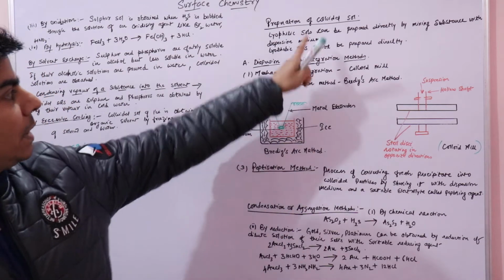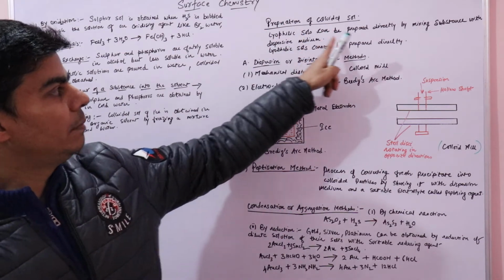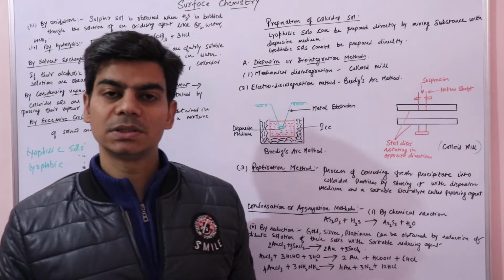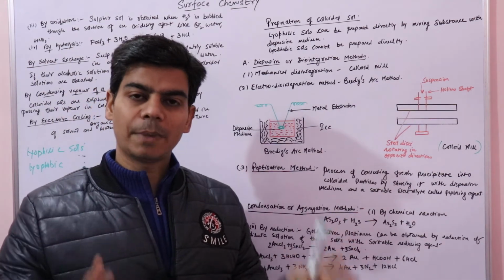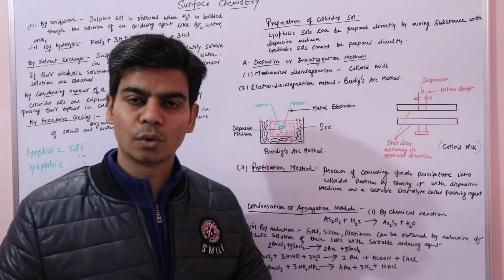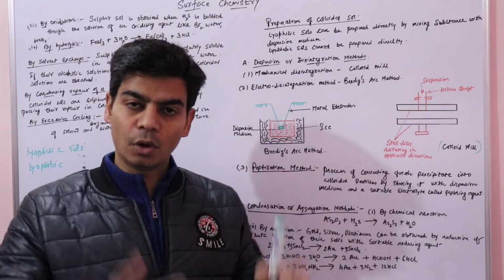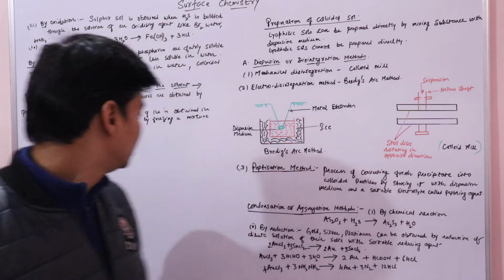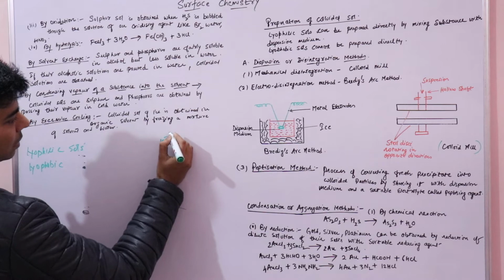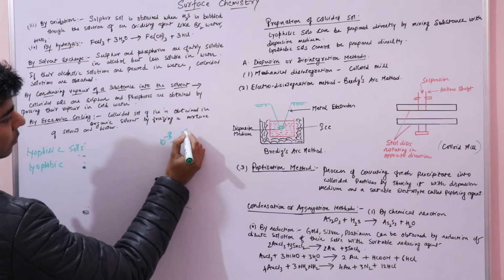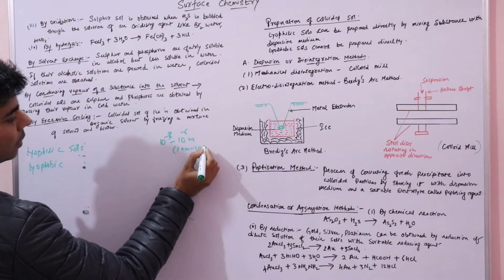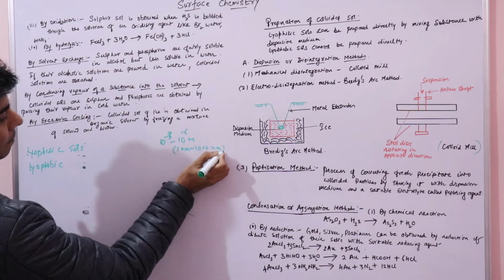And the reason that lyophilic substances can be prepared directly, or why they mix up with the dispersion medium easily, is because their particles, the particles of starch, gelatin, soaps, fall in the colloidal range, right? And we know that the colloidal range is 10 to the power of minus 9 to 10 to the power of minus 6 meter, or 1 nanometer to 1000 nanometer, right?